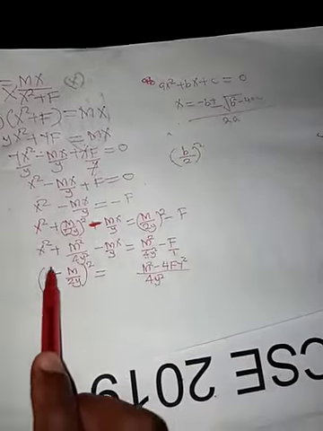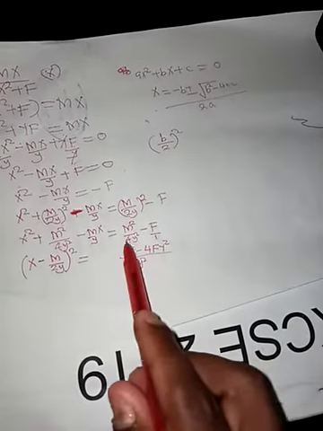From there now we get the square root of both sides. We get the square root of this, and also the square root of that one.